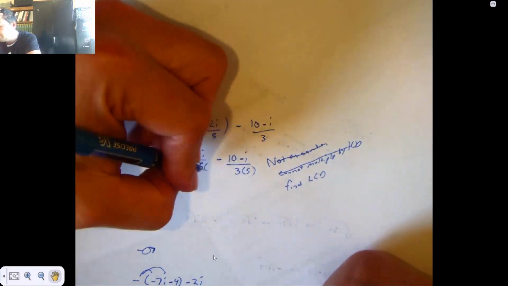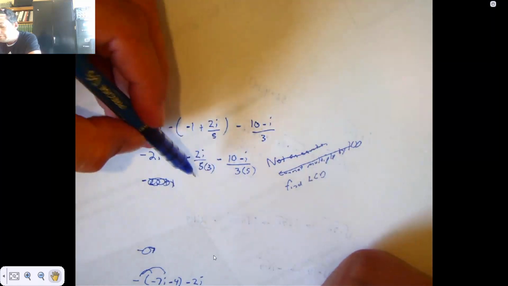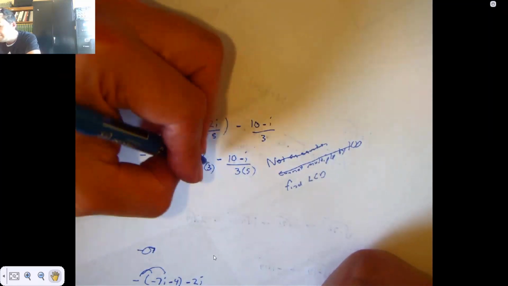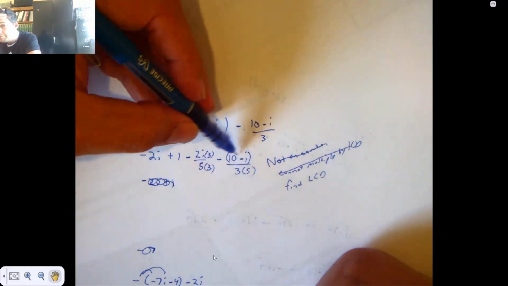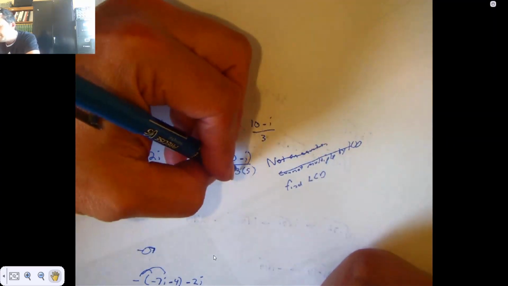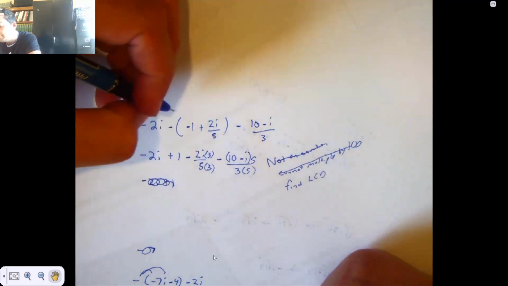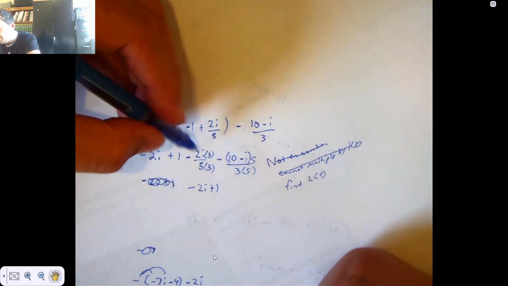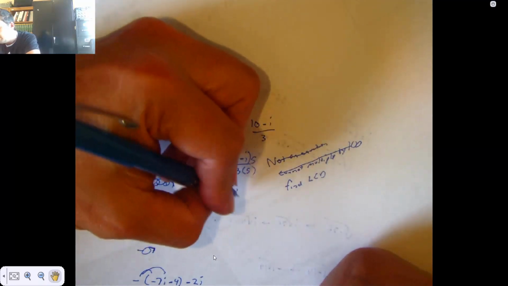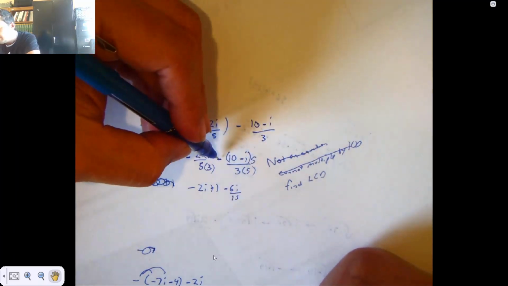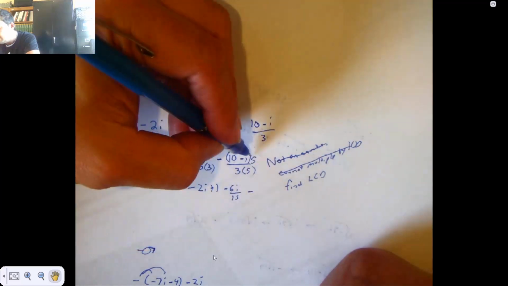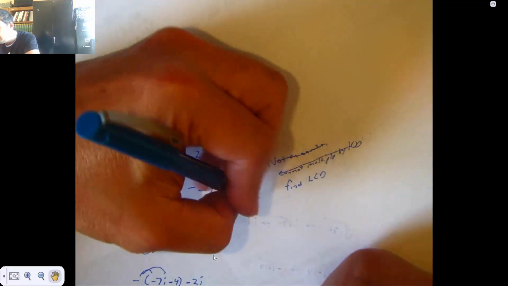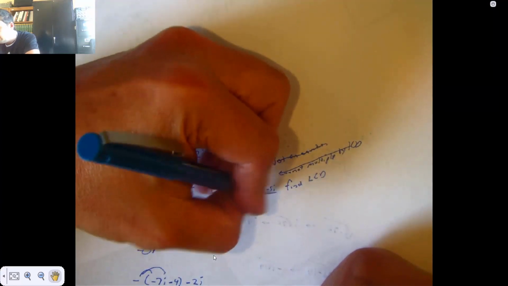So if I 3 this piece down here, I have to 3 this piece. And there's two terms up here. You always wrap through them all. If I 5 this 3, I have to 5 this top. This will be minus 6i over 15. And then this will be minus 50 minus 5i over 15.